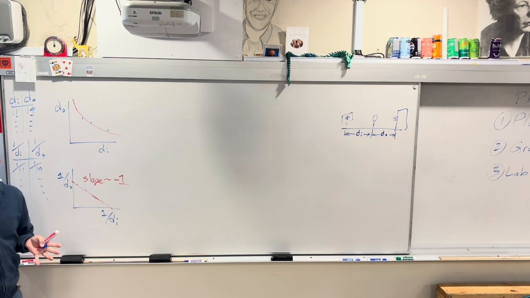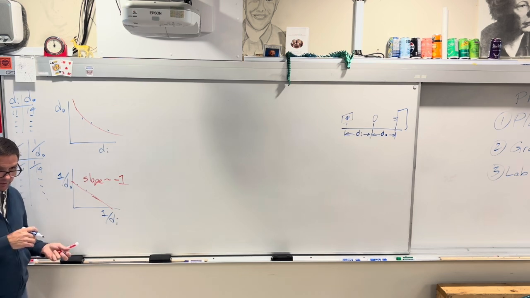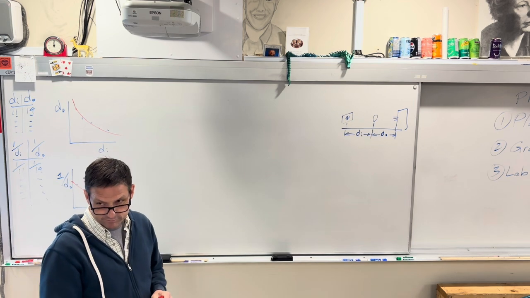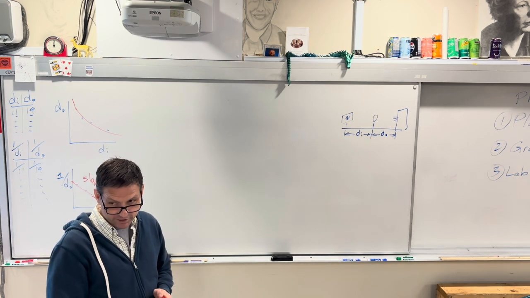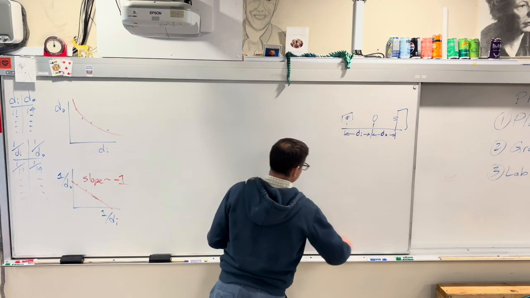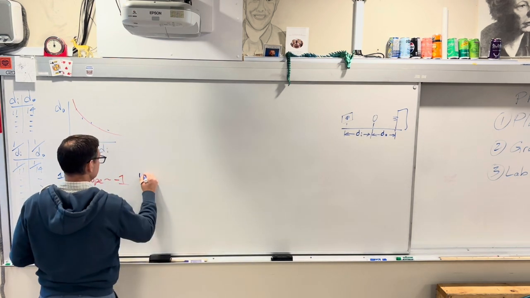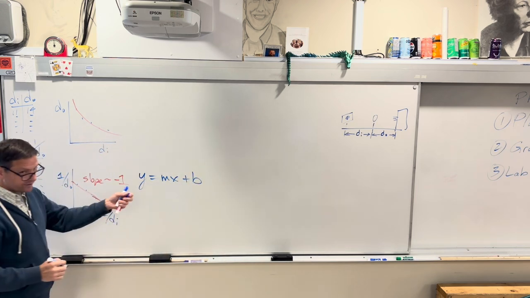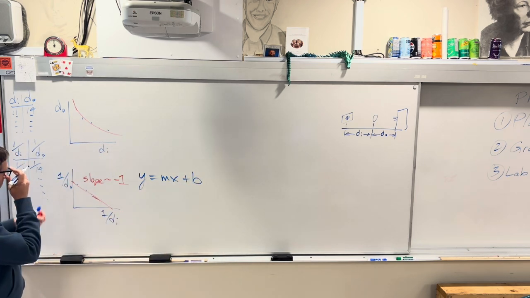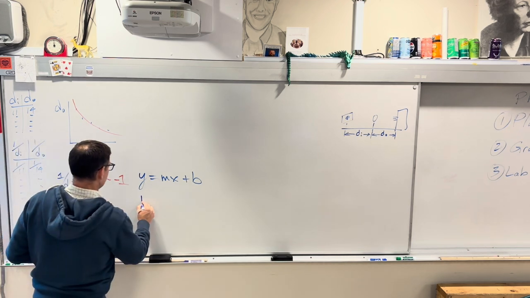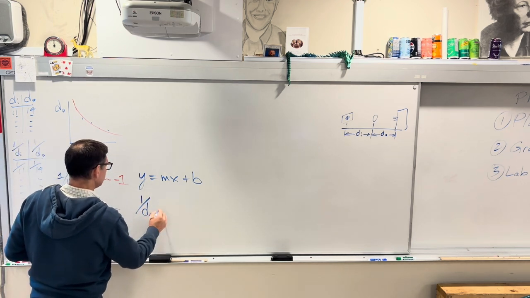So, if you think about a relationship of a straight line, what's the equation? Y equals mx plus b. So we're going to get that, right? Now, our y is 1 over DO.